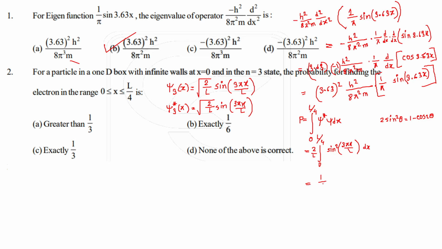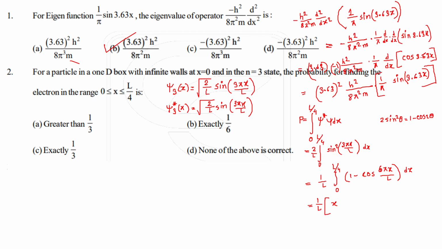So I can write it out as integral 0 to L by 4, 1 minus cos 6 pi x by L dx, with 1 by L outside. So this is x.